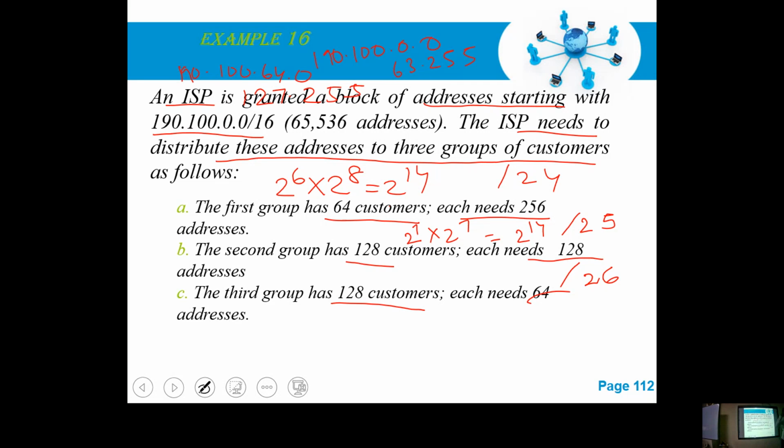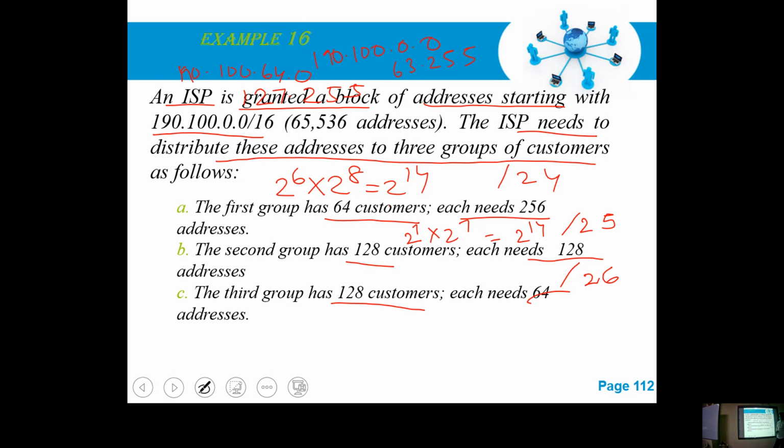Within a particular 64 block, you are going to have two here: 64.0 to 64.127, 64.128 to 64.255. Next 65.0 to 65.127, 65.128 to 65.255. Like that, we will have till 127.255.